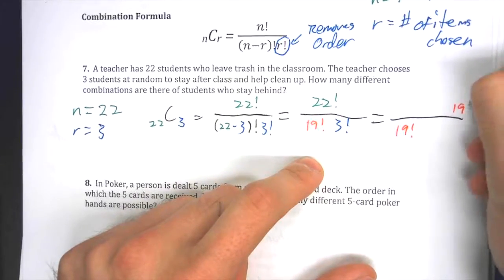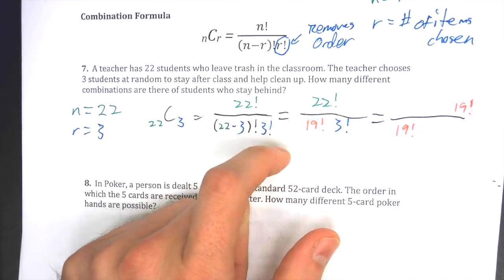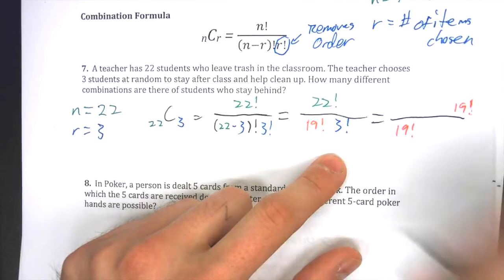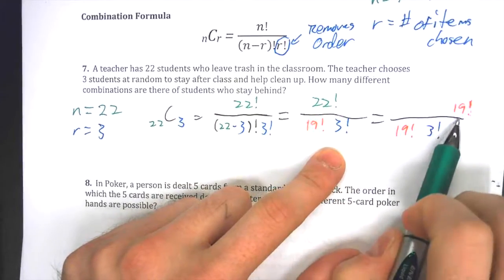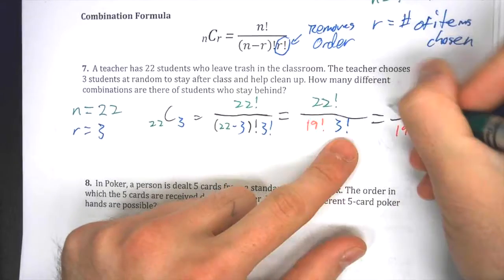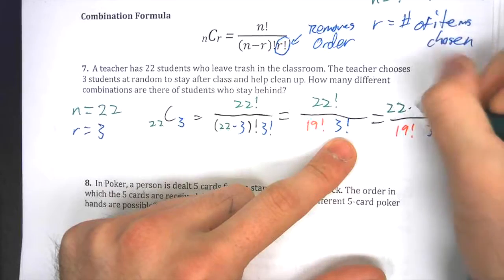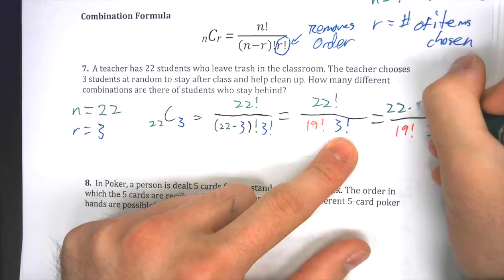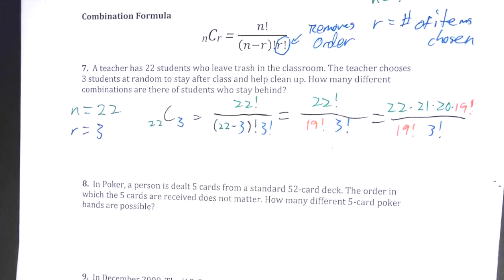And I'm also going to write 19 factorial up here, because I'm going to pull 19 factorial out of the 22. The 3 factorial is still hanging out down here. Since I'm pulling 19 factorial out of 22, I need to make sure that I list all of the numbers that are not in 19 factorial, which is 22 times 21 times 20.